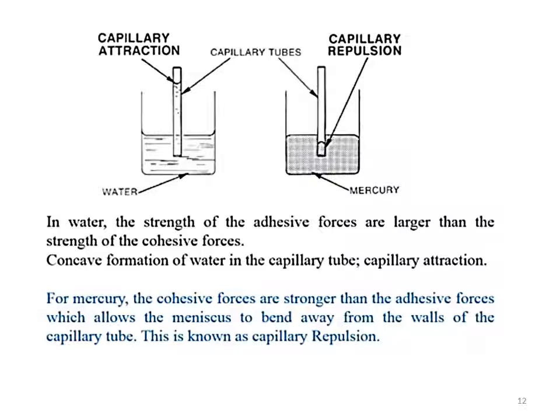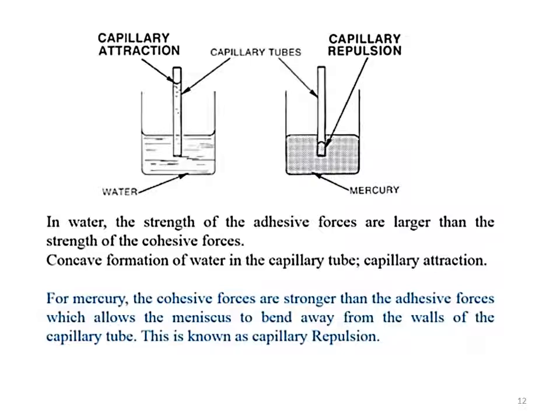In this slide, some other things are explained. In water, the strength of the adhesive forces is larger than the strength of the cohesive forces. So the concave formation of the water in the capillary tube means capillary attraction.